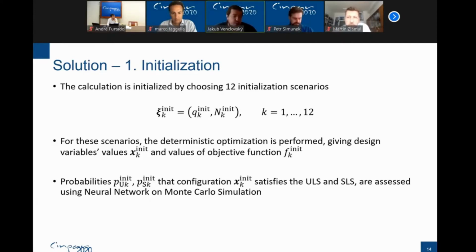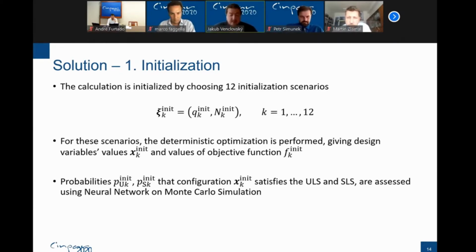It works in a way that first, some small number of scenarios, usually around 50, are actually computed. For these scenarios, for concrete values of Q and N, we compute concrete values of strains and deflections, which we can directly compare to the limitation values, as was said before.